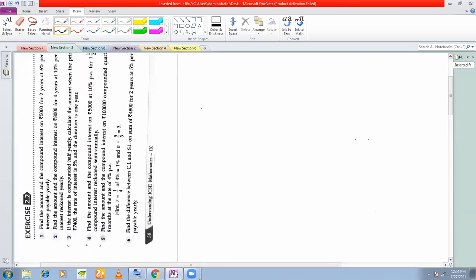Exactly. Now my question to you is, suppose the interest is compounded monthly, then what will happen? What will you divide rate by? So then we will divide rate by 3. No. See, quarterly means we are giving the interest, the bank is giving you interest in 3 months.